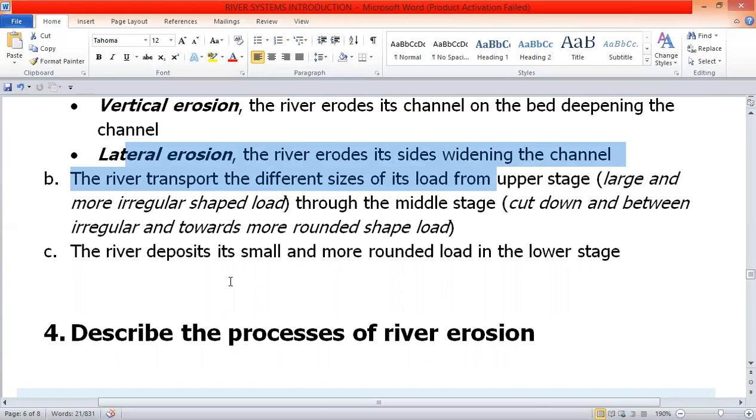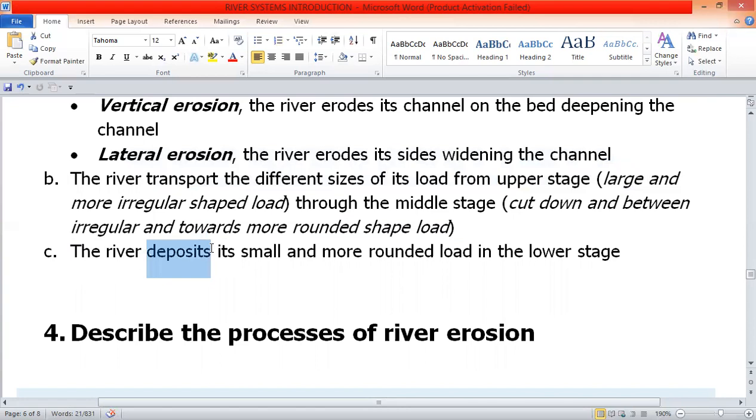Then the third and last work of a river is deposition. A river erodes, transports what has been eroded, but at the lower stage the energy to erode and to transport has been reduced.